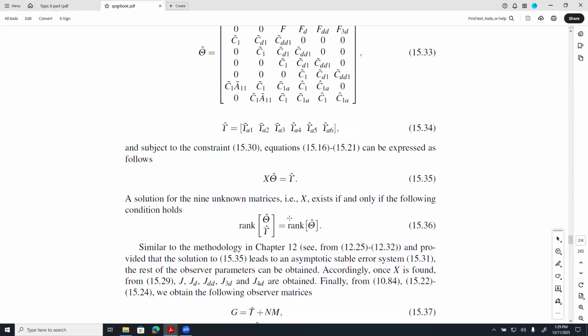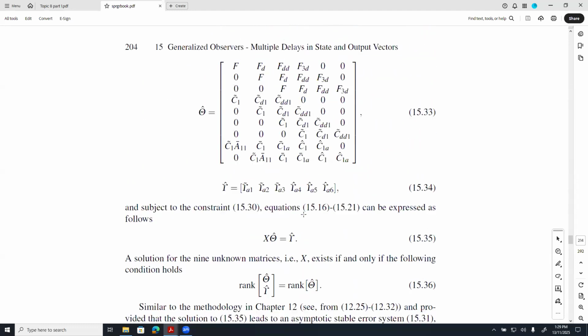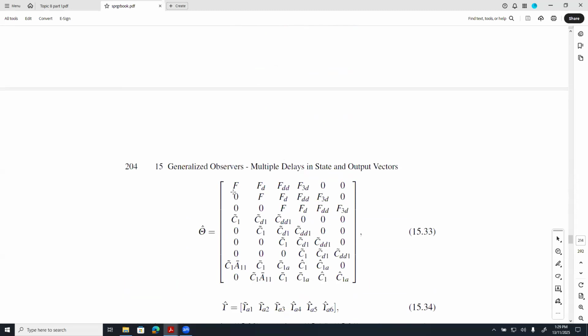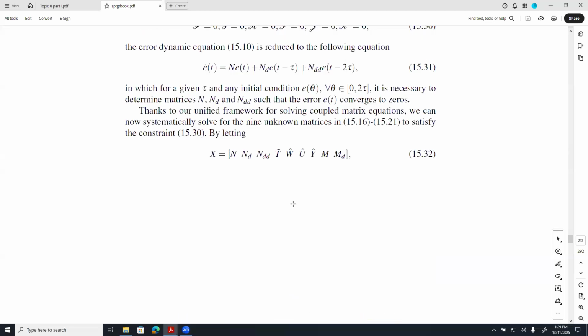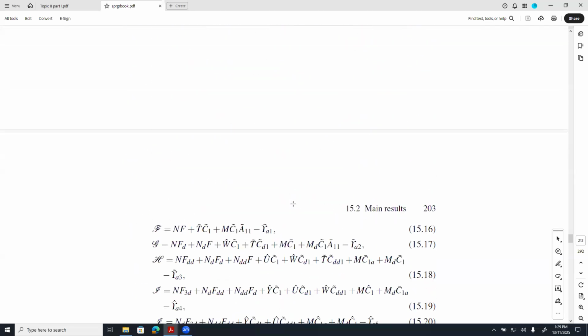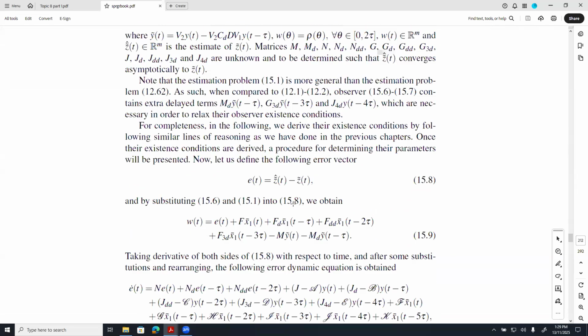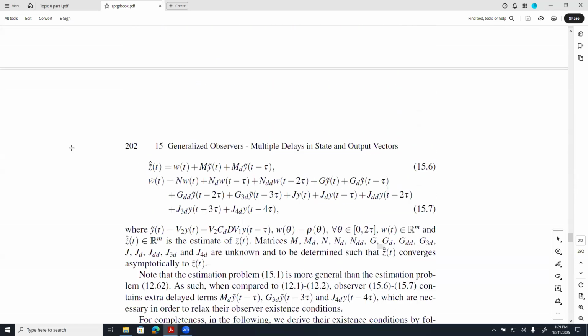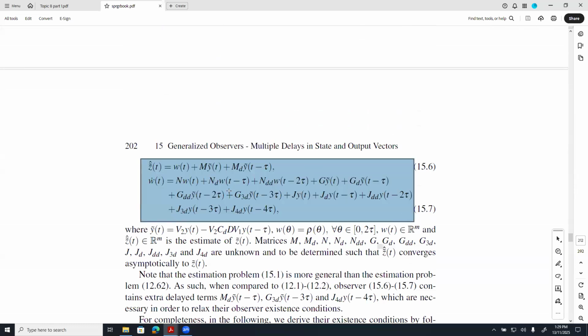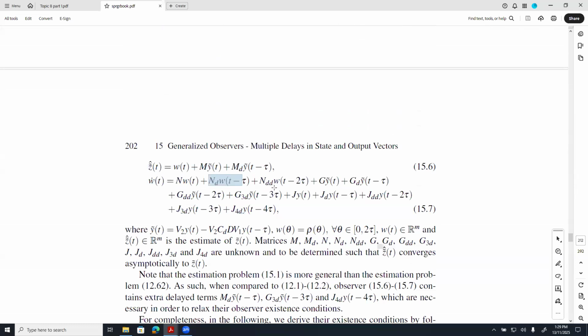it. And of course, we can always pick and choose different structures for the observer. For instance, from the practical point of view, if we go ahead and design an observer for a given time delay system like the one we consider here, we might like to start with the one without internal delays. So we might just let ND and DD equal to 0.